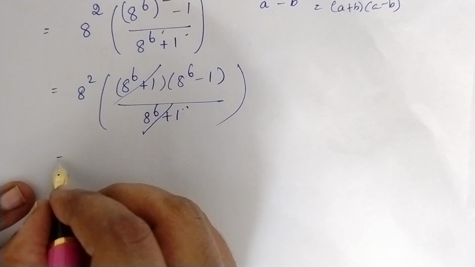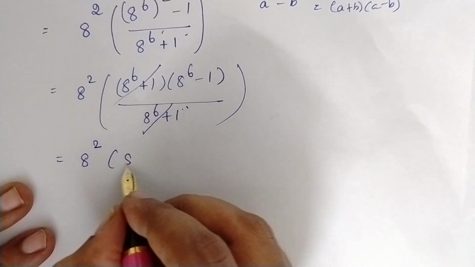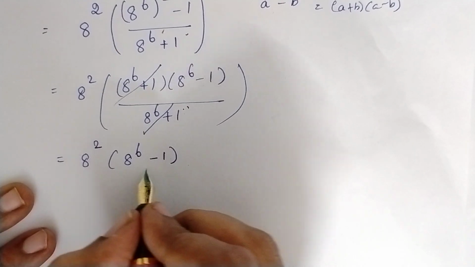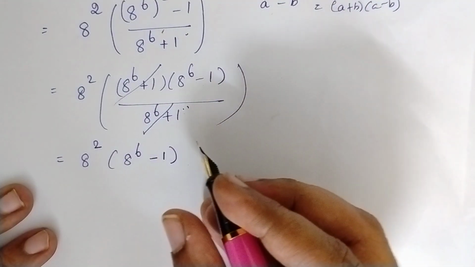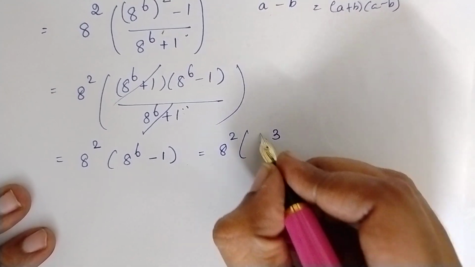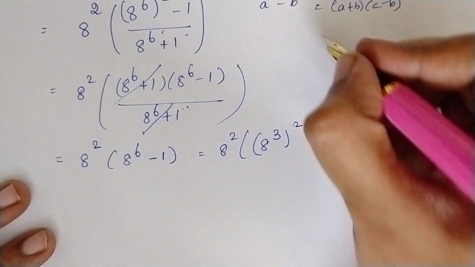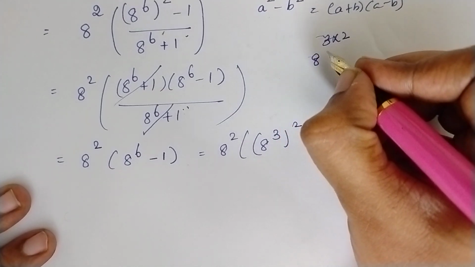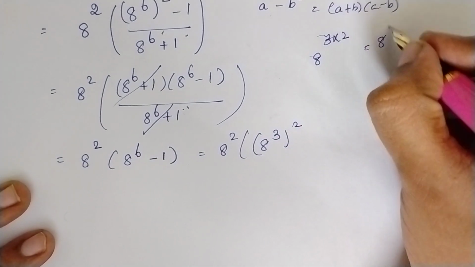Okay. So now, what we have remaining is 8 power 6 minus 1. Now I'm going to change this into the form of a square minus b square. How can we change that? Let's see here. A square, 8 cube the whole square, 3 into 2, 8 power 3 into 2, which is equal to 8 power 6.